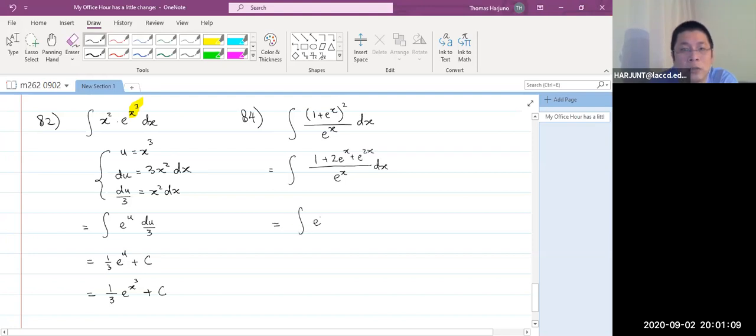So this is the integral of e to the negative x plus 2 plus e to the x dx. I hope you see that now. This is negative e to the negative x plus 2x plus e to the x plus constant.